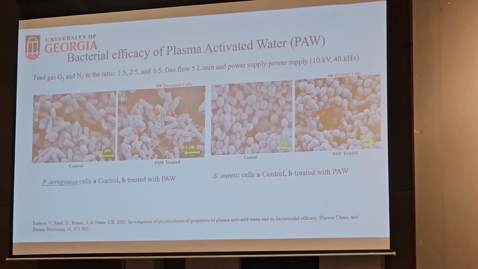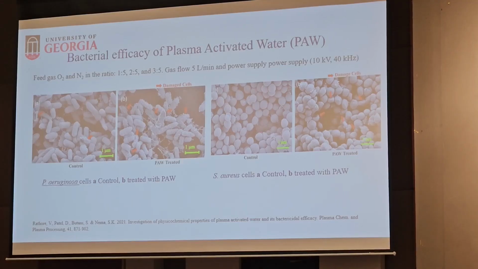There is another example where you can see the efficacy of plasma-activated water. There is quite a bit of work going on, not directly with plasma application, but we create plasma-activated water, which has unique properties, and you use that water to sanitize things or to clean off bacteria.